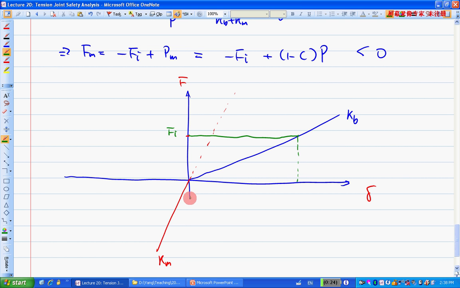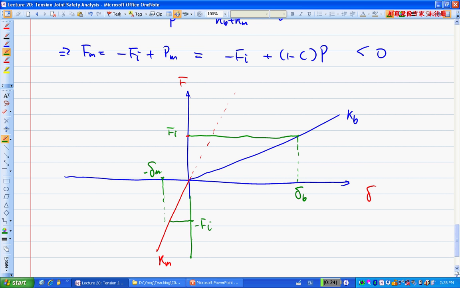And same thing here: Fi for the bolt, and for the member it is considered a compression, the same Fi. That's going to cause another deflection here. So let's call this delta B, and this negative delta M. So that's the deflection, right?